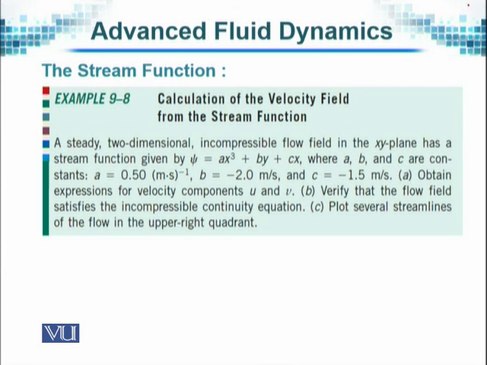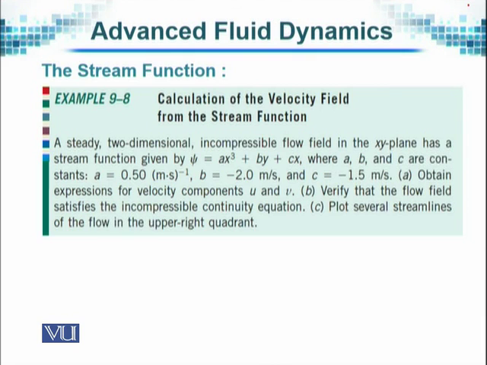So the question is, obviously, to show an application of the stream function psi, that we can calculate the velocity field from it. A steady two-dimensional incompressible flow field in the xy plane has a stream function given by psi equals ax cube plus by plus cx, where a, b, c are constants.